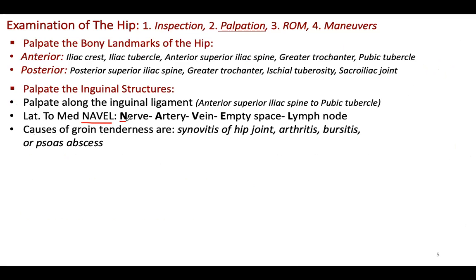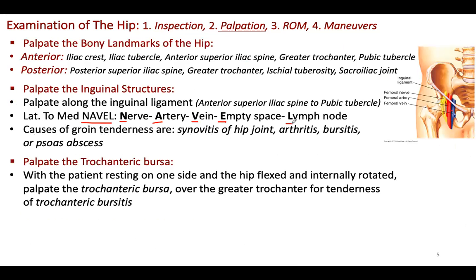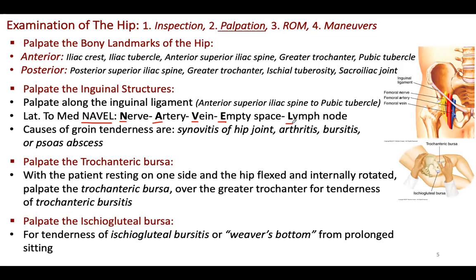Most lateral is the nerve. Then as we move medially, there's an artery, vein, an empty space, and then lymph node. Palpate for the trochanteric bursa. Again, tenderness at the trochanteric bursa is a common cause of pain in the hip joint. Palpate the ischiogluteal bursa on the back.